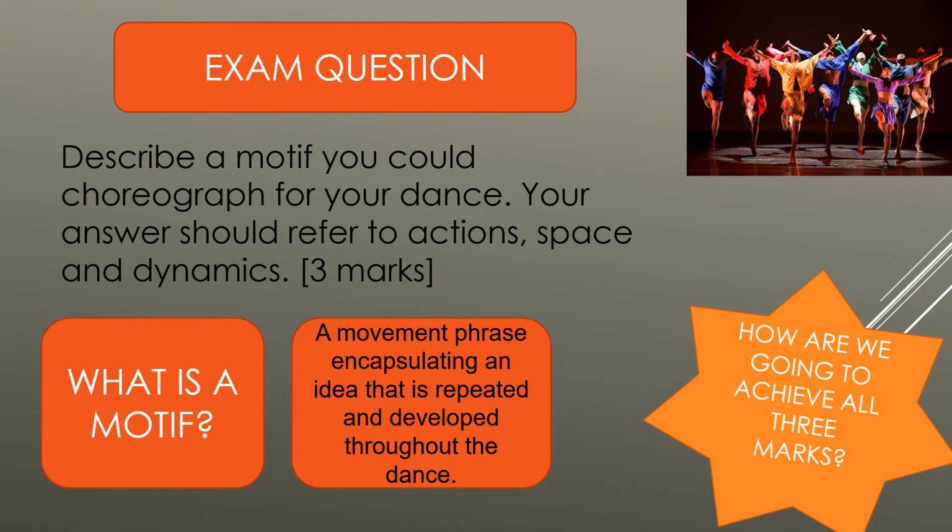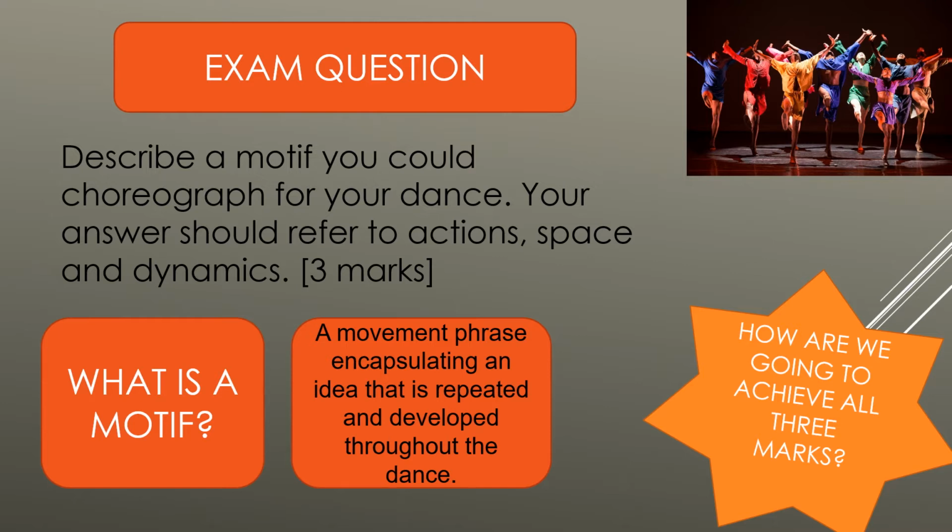So how are we going to achieve all 3 marks? It must consist of 3 to 4 movements. It must be sequential, meaning it must follow a flow or a pattern. So it can't just be random movements jumbled together. When you read it out, you actually have to be able to envision somebody dancing that.